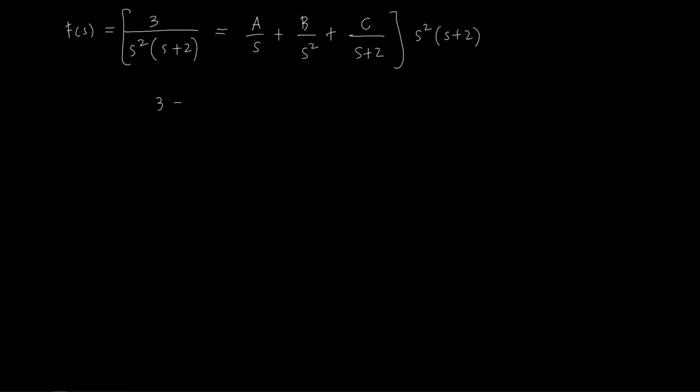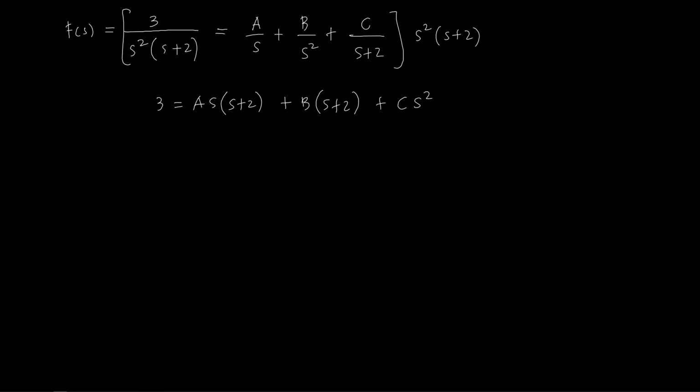We have 3 is equal to A times S times S plus 2, plus B times S plus 2, plus C times S squared. Okay?